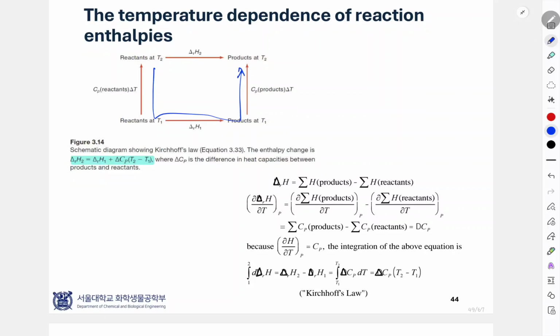So let me write this equation for each step to get the equation here. This is the first step, this is the second one, and this is the third one.